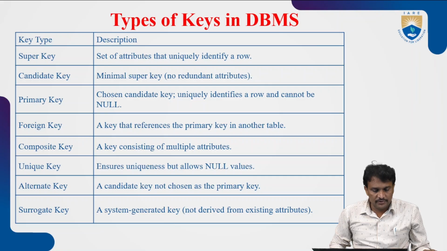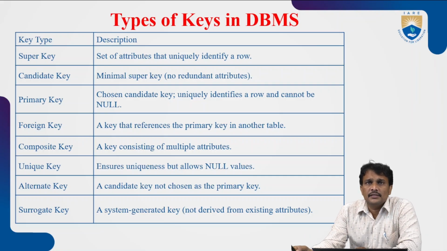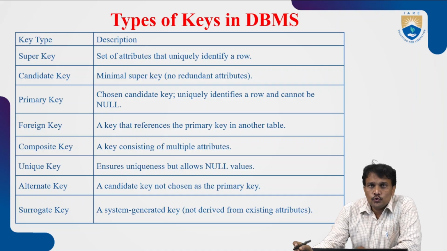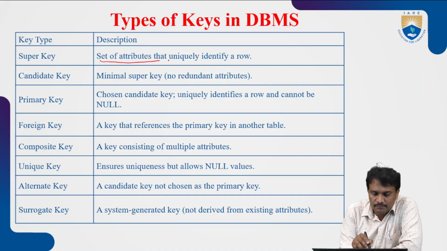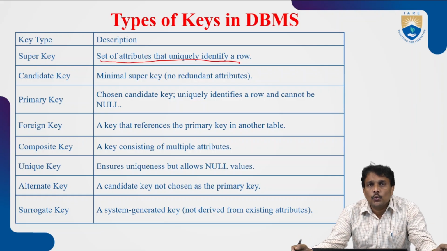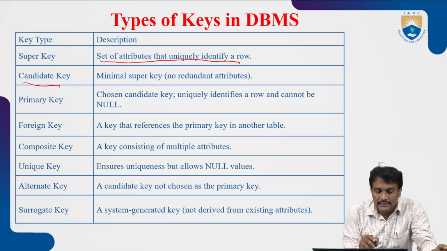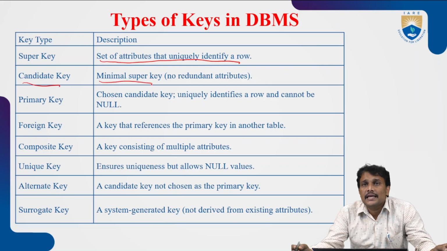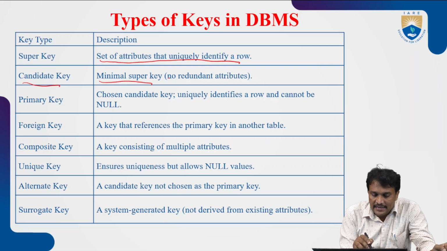So here are the types of keys in DBMS, with key type and description. Super key is a set of attributes that uniquely identify rows. Candidate key is a minimal super key with no redundant attributes.